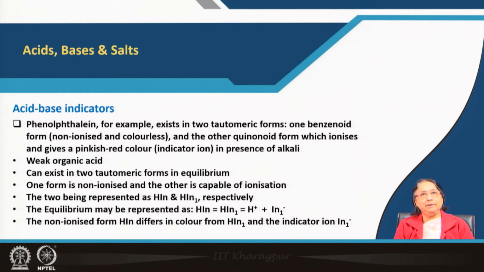There are some metal ion indicators which we use for metal ion determination, say for example, for hardness determination. There are some redox indicators which we use for redox titrations, and there are some adsorption indicators also which we use for other purposes. Now, because we are talking about acids, bases and salts, I will tell you about the acid base indicators.